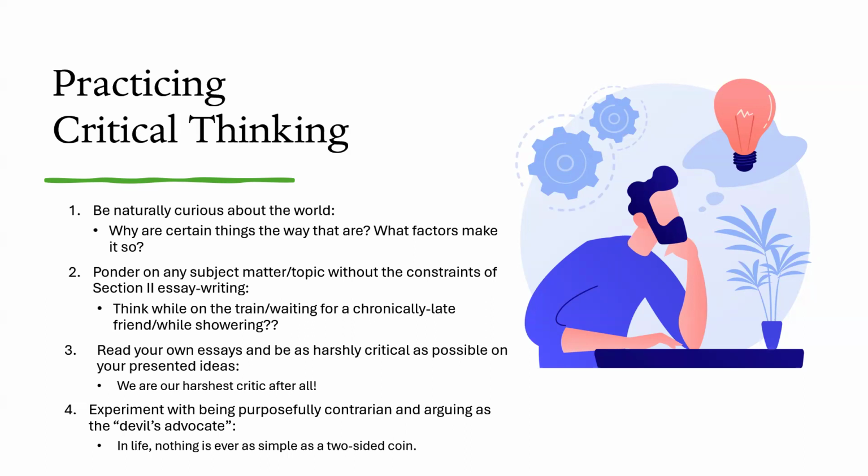Why don't you try and entertain what the opposite side would be? Practice your critical thinking by engaging with that contrarian viewpoint and trying to argue for it. That will provide you with the flexibility to think outside the box and to identify the stereotypical view and then argue against it.